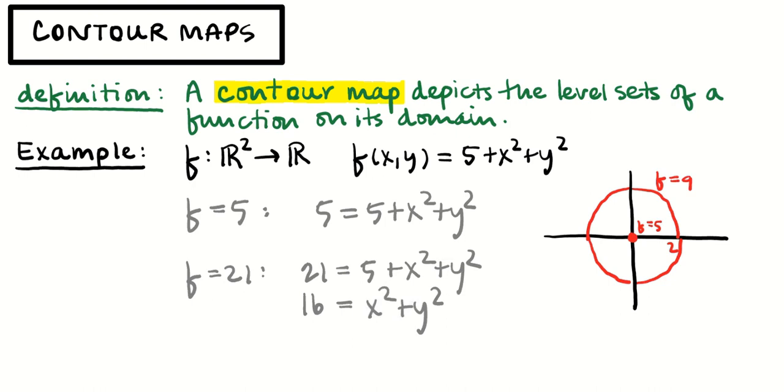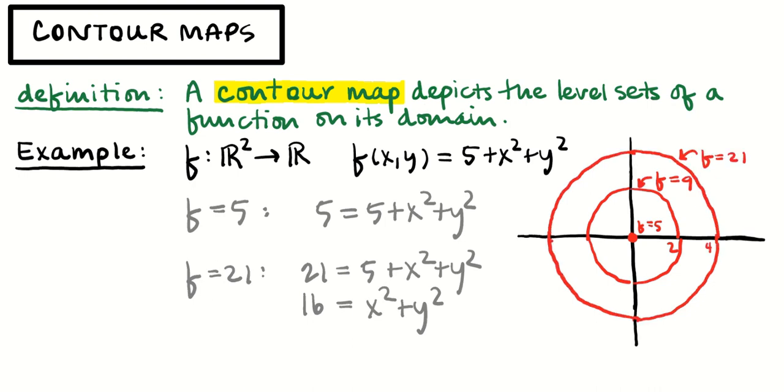We know how to graph that. That's going to be over here at 4. It's going to be another circle. Now I'm going to need to extend these axes and draw a circle with radius 4. And there we have a contour map with 3 contours.